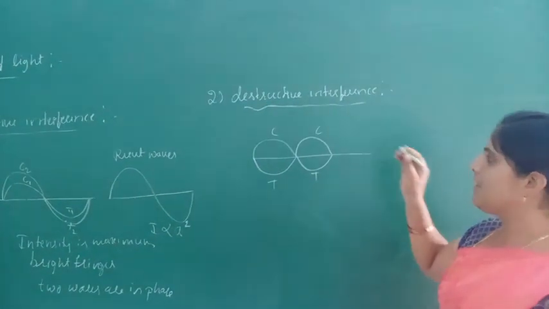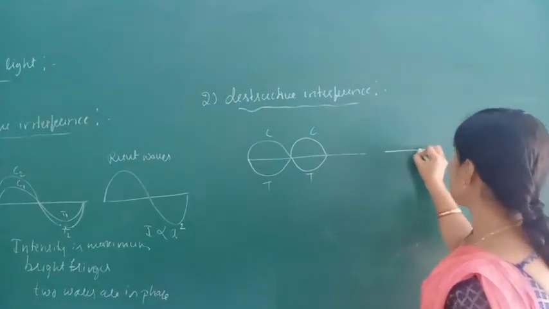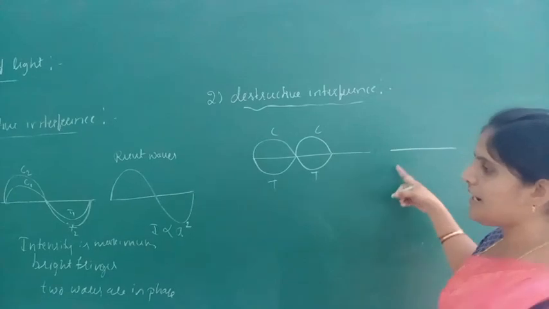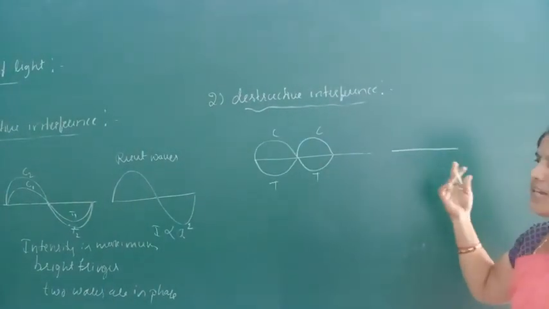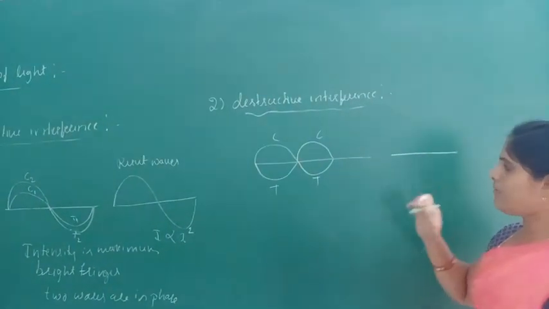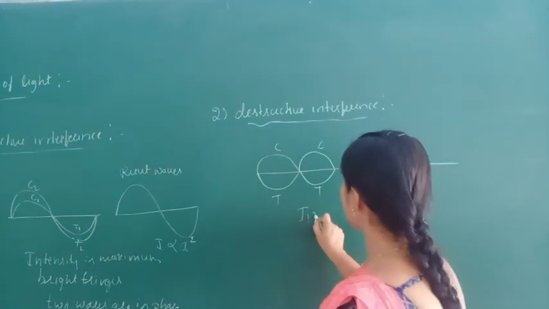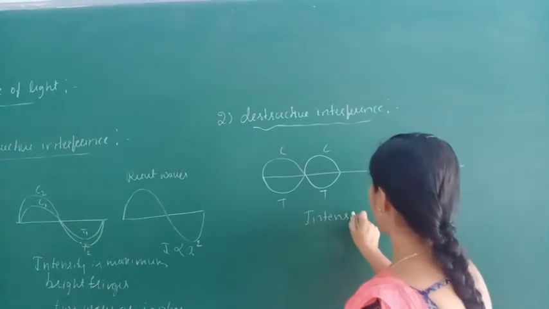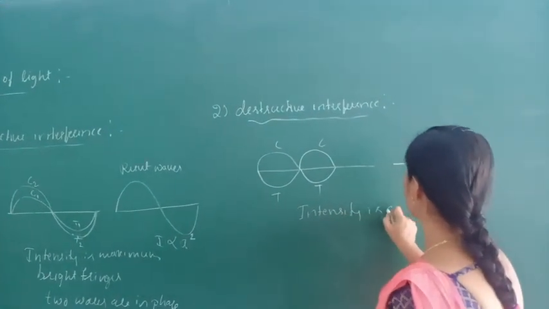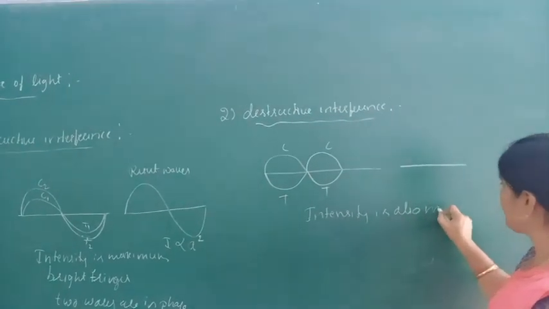As a result, the amplitude is minimum. The amplitude of the resultant wave is minimum or even zero. If the amplitude is minimum, then the intensity is also minimum.